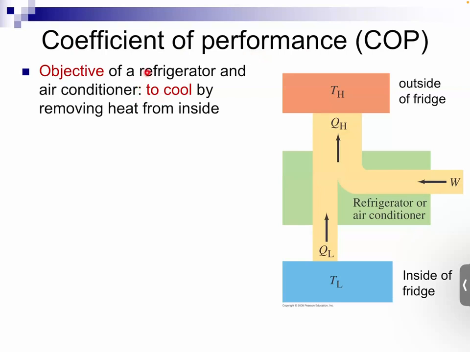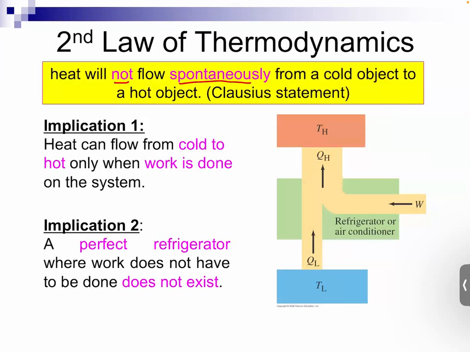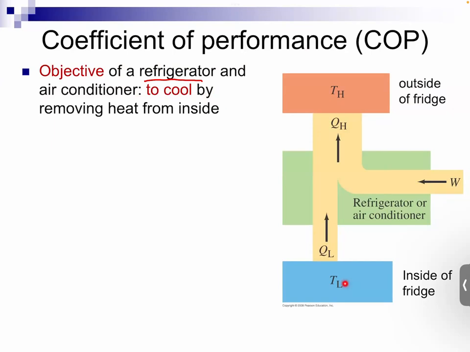So if we have to think about the objective for the refrigerator, what do we want to achieve for the refrigerator and or air conditioner? Well, we want to achieve a cold inside of the fridge or a cold room, and therefore we use an air conditioner.